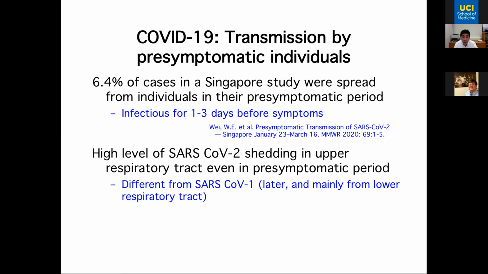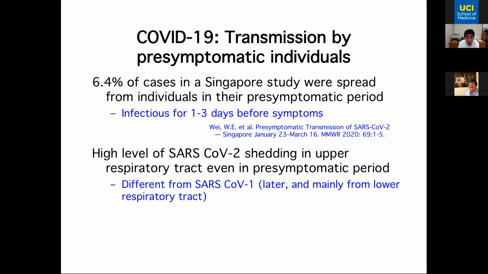Now, the important question, though, is if people are shedding virus before they have symptoms, can they transmit the infection to someone else? So can someone without symptoms transmit to a new person? And the best data we have is from Singapore. Here, they found that 6.4% of their cases were due to spread from someone in the presymptomatic phase.